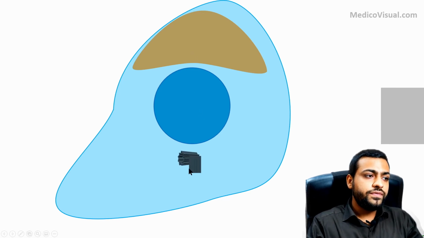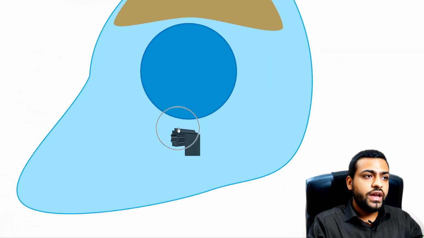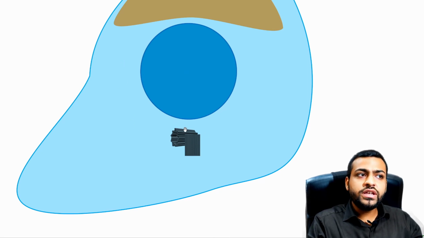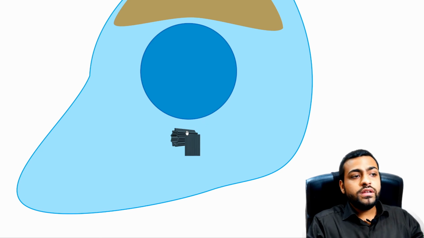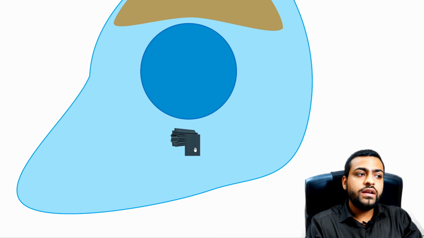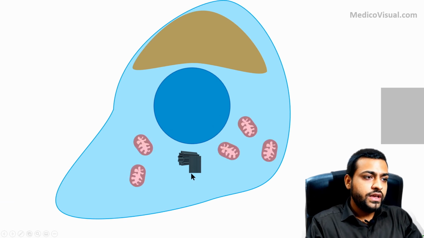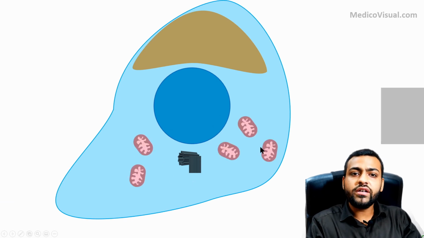Now we have a special organelle, the centriole, and the centriole is present somewhere in the cell, and it moves to that position of the cell from which the tail or flagellum has to arise, and the flagellum will arise from this centriole, right? Are you clear up till now? And we have lots of mitochondria as well.